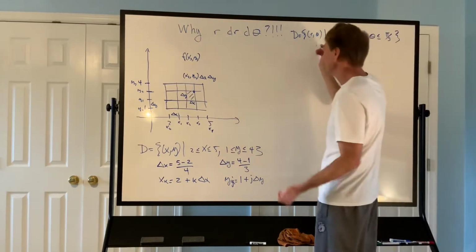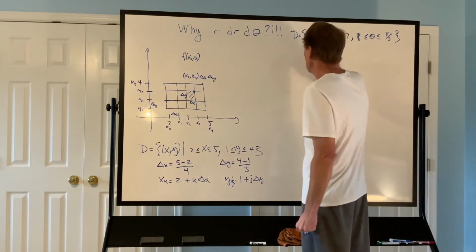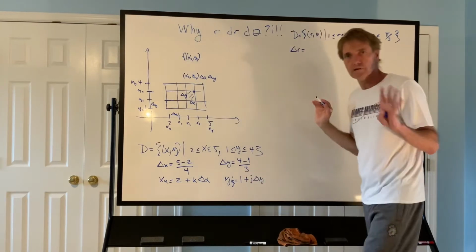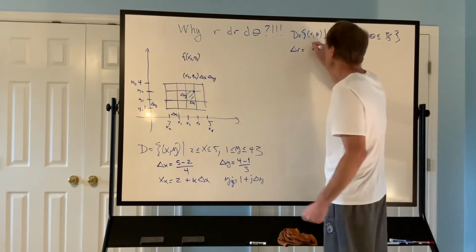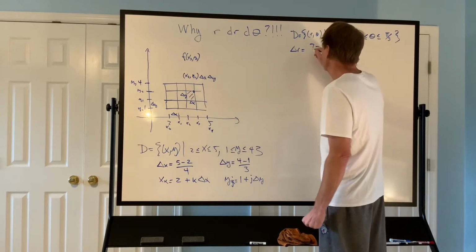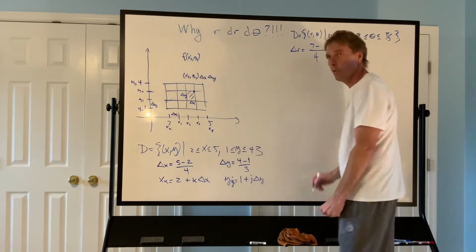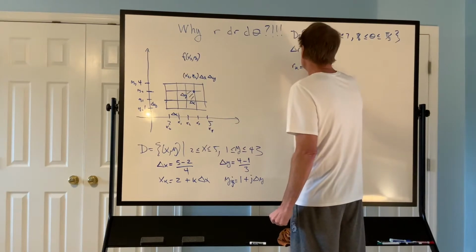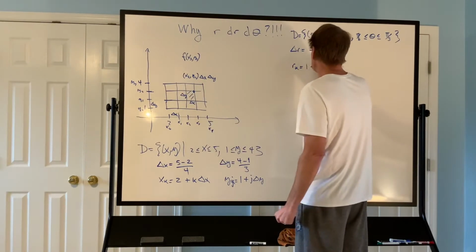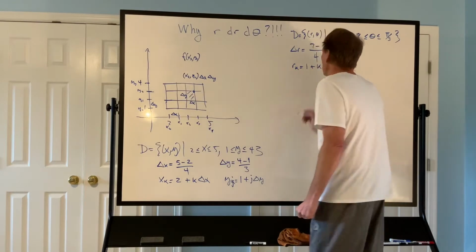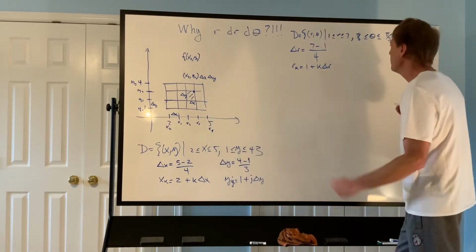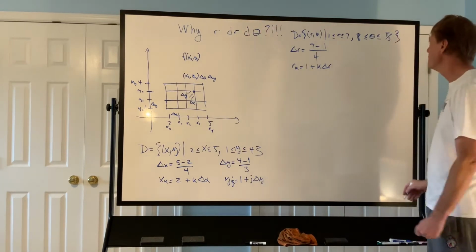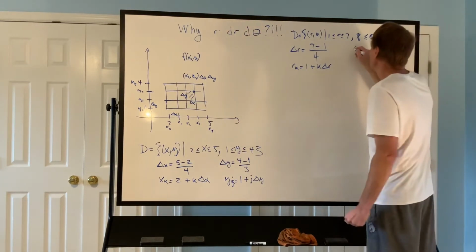Well, it's the same kind of thing. My delta r would be equal to, it's no different, b minus a, 7 minus 1 over 4. My r sub k's are equal to 1 plus k times delta r. Let's chop theta, the interval for theta, into 3 equal pieces.